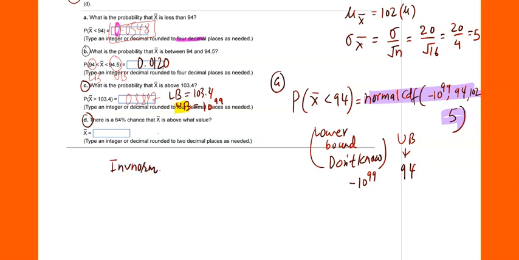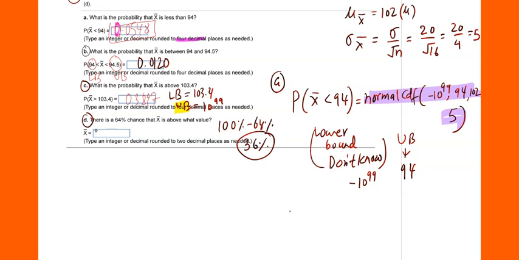INVNORM is the option to find x or x bar, and here we're looking for x bar, but 64% is above the value that we are looking for. But how much percent below? If you subtract 100% minus 64%, what you get is 36%, right?